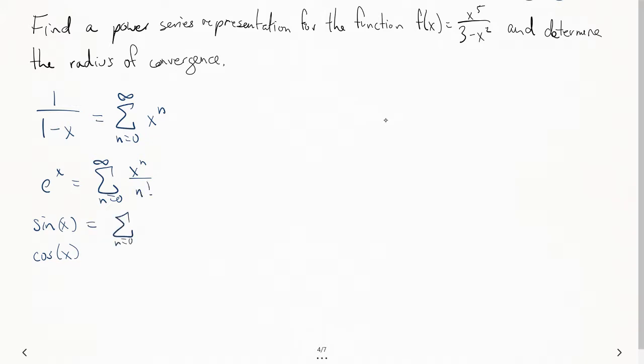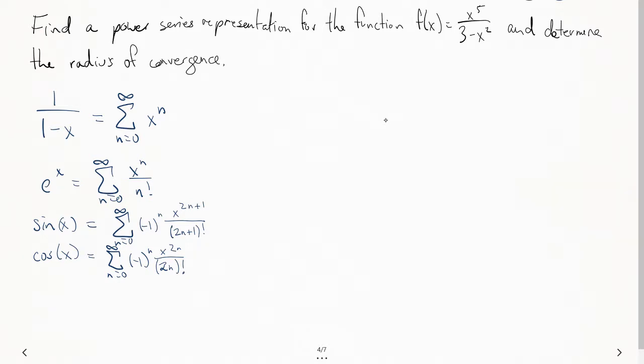Summation n equals 0 to infinity negative 1 to the n x to the 2n plus 1 over 2n plus 1 factorial, I believe. This one off the top of my head I think is you take the derivative of the sine, so as long as I got the sine correct, you get negative 1 to the n x to the 2n over 2n factorial.